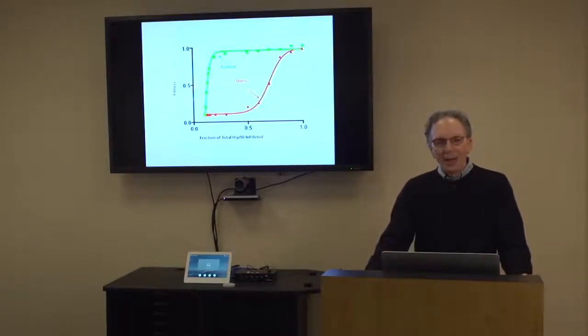So diagrammatically, if you now look at normal cells, they can tolerate a large reduction in the levels of HSP90 without any obvious effects on fitness. Whereas if you stress these cells, they become much more dependent on high expression of HSP90.